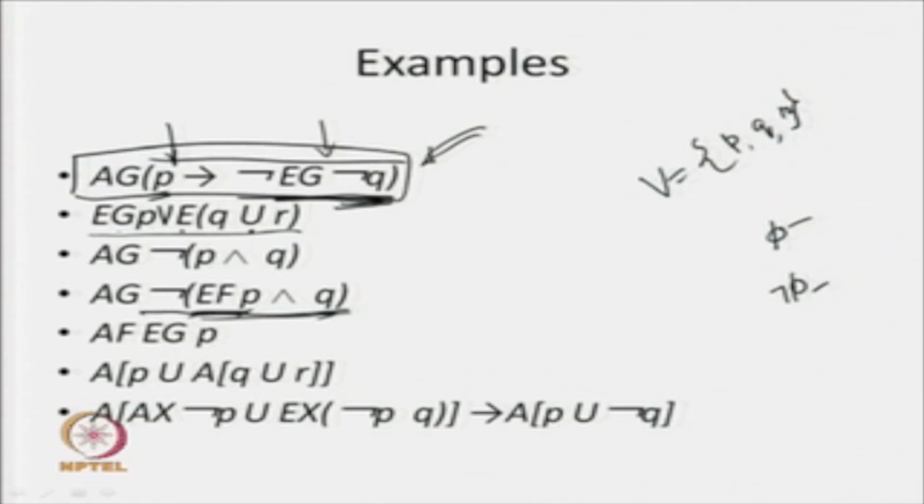So, not (E F P and Q) is also a CTL formula, and this CTL formula again has a temporal operator G, which is preceded by A. That means, in all paths, globally, whether this holds or not. So, this whole formula is also a CTL formula. Like that we can check each and every formula and we will find that these are valid CTL formulas.